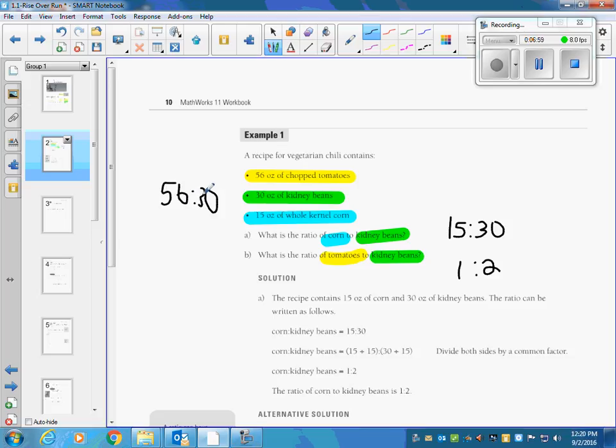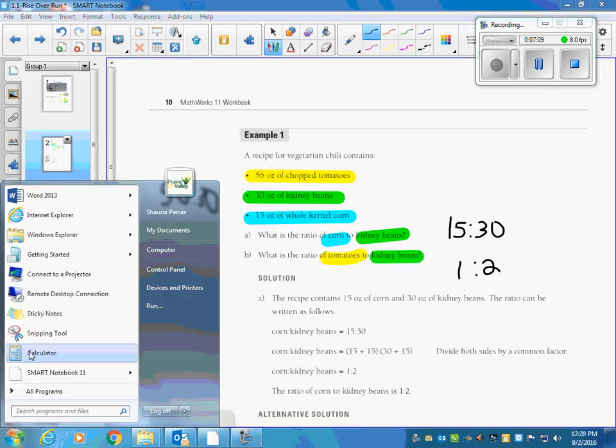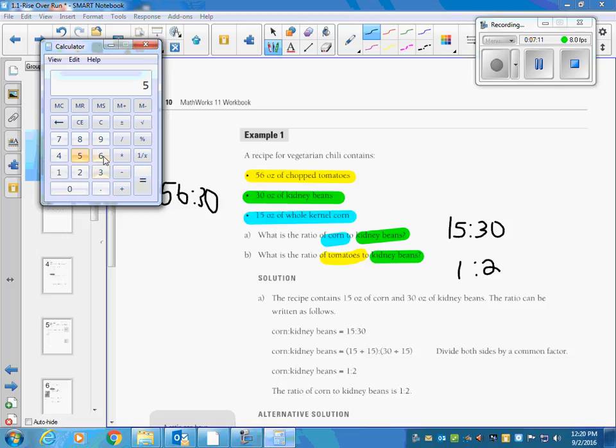Well, 56 to 30. 3 would go into 30. Does 3 go into 56? If you're not too sure, you can always use calculators, right? So 56 divided by 3. No. Maybe 2.